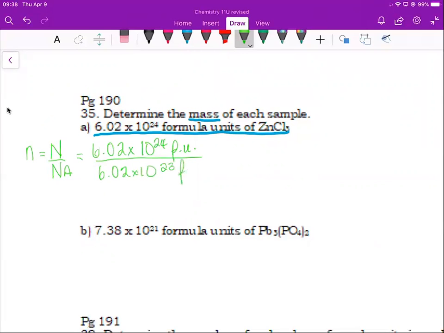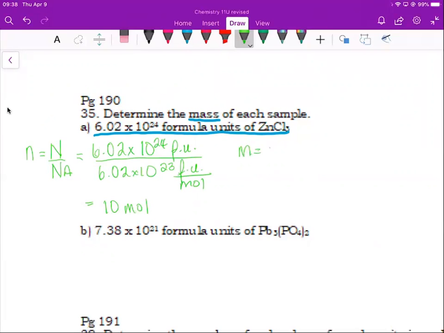And because zinc chloride is a formula unit, this is going to be formula units per mole. This is going to be 10 moles. Okay, so I have 10 moles of zinc chloride.